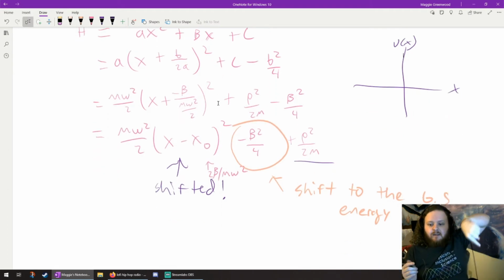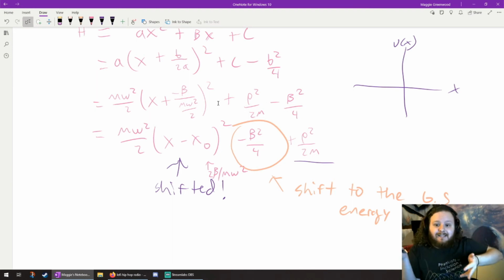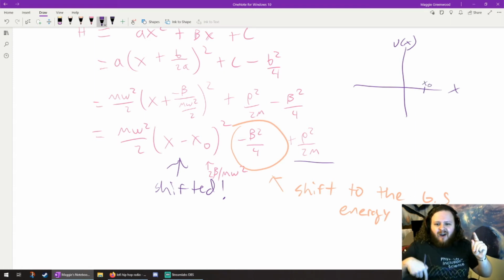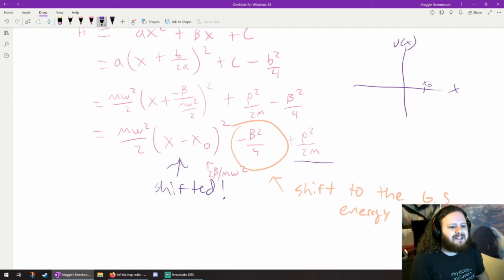So everything on the left-hand side of the origin is going to be shifted up by a linear amount beta x, and everything on the right-hand side is going to get shifted down by a linear amount negative beta x. So this harmonic oscillator is centered at x naught, and everything on the right side is shifted down, and everything on the left side is shifted up. So it's going to look something like this.